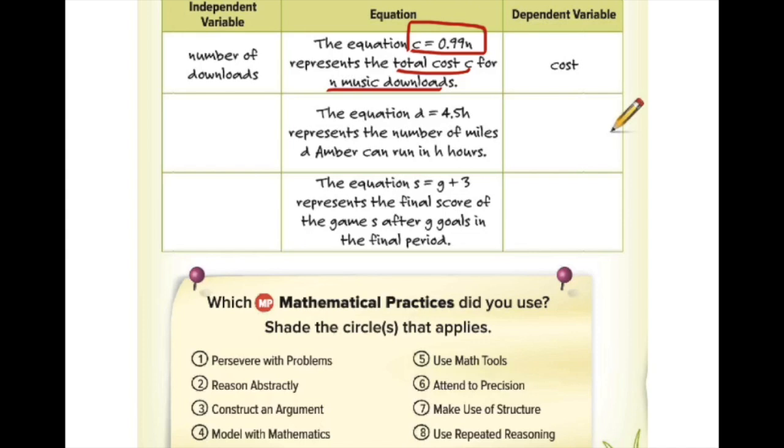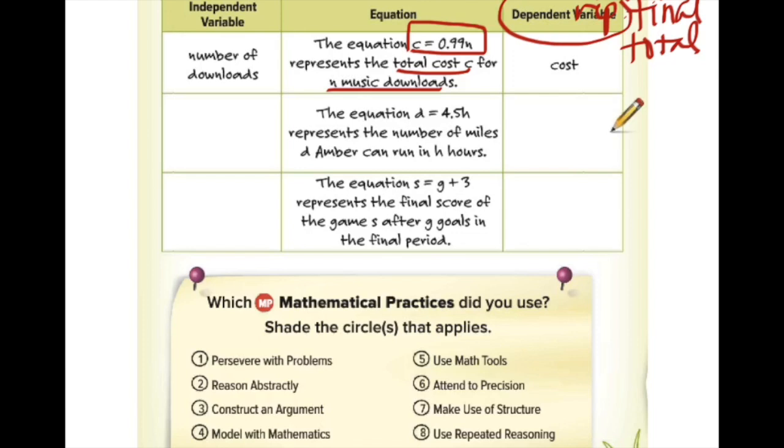One way that you can count on is that your dependent variable is usually going to be the variable that represents the final total.